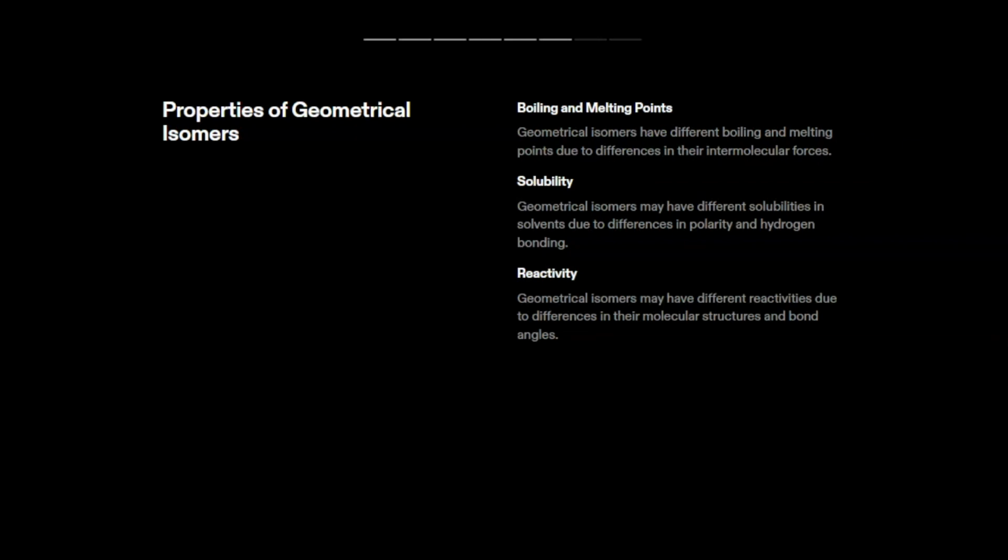The cis and trans isomers may differ in solubility as well because of their differences in polarity and hydrogen bonding. And coming to reactivity, the geometrical isomers may also differ in reactivity due to their differences in molecular structures and bond angles. That's all about the properties of geometrical isomerism.